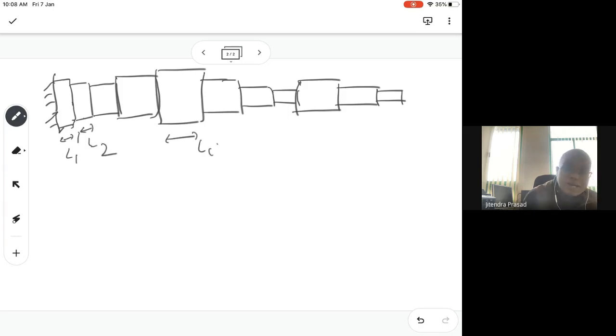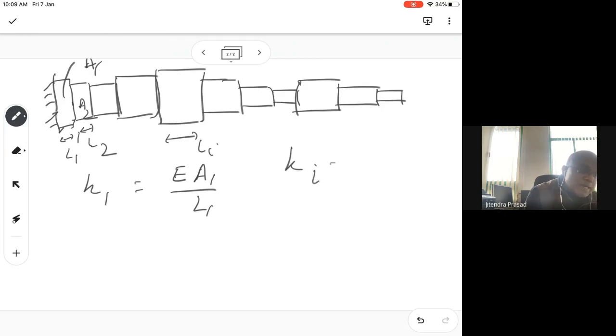Accordingly, let us say they are made of the same material, so we get K1 equal to EA1 over L1. This has area A1, this has area A2, and so on. Or Ki is equal to EAi over Li.